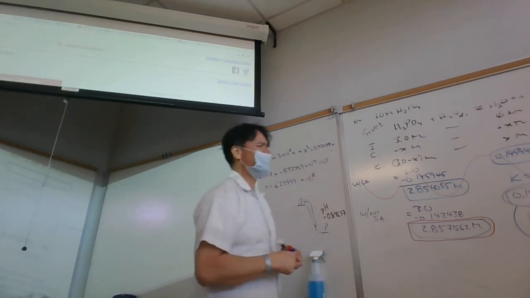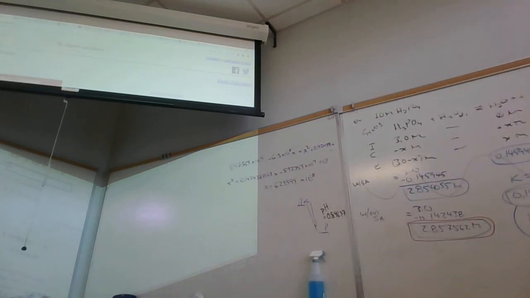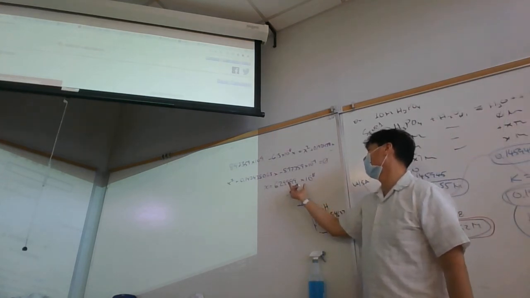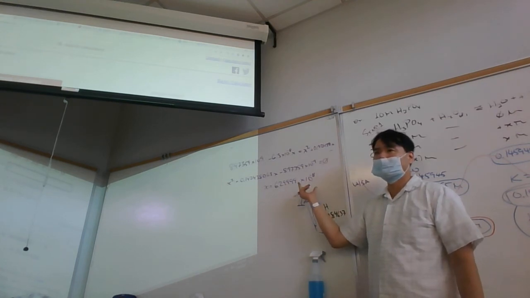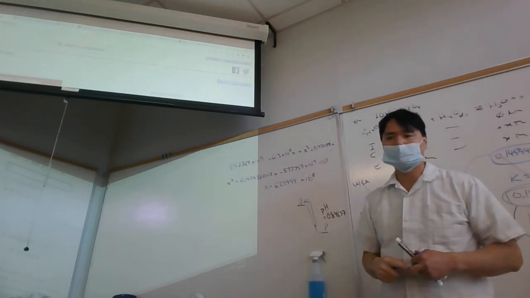Okay, let's compare this x value to the x value we calculated here. The x value we calculated here is 6.3 times 10 to the minus 8 using the simplifying assumption. And using the quadratic formula, we got 6.2999 times 10 to the minus 8, which means, what's the percent error?